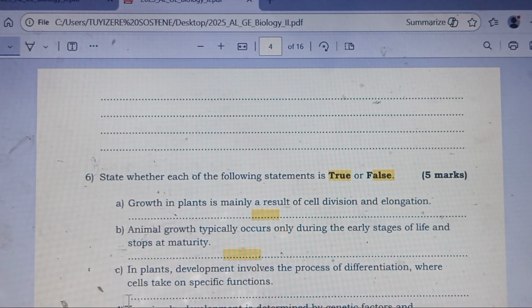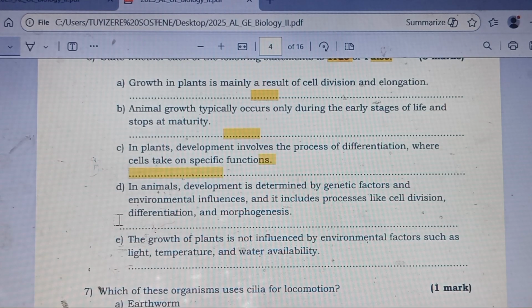C. In plants, development involves the process of differentiation where cells take on specific functions. For C, it is true. D. In animals, development is determined by genetic factors and environmental influence.